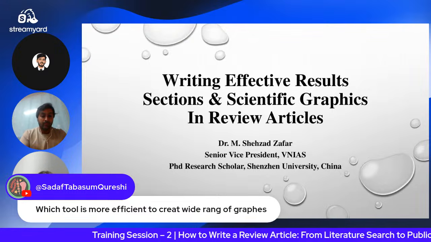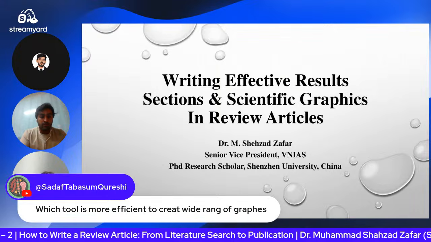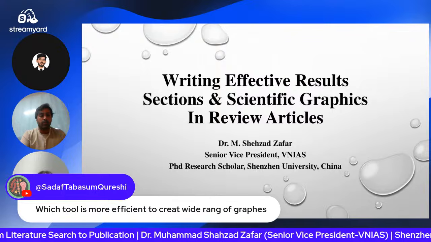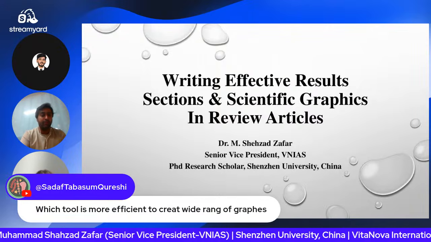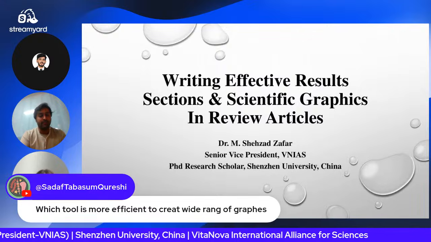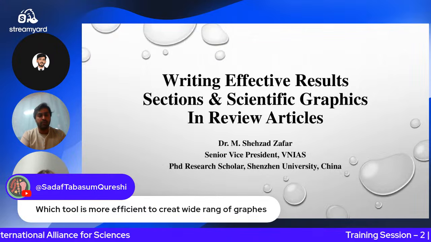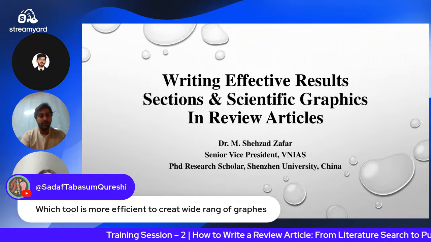Third question is, which tool is more efficient to create a wide range of graphs? Because my background is biology, I prefer to use BioRender and Canva. And after defining the figure, I extract it with high resolution.